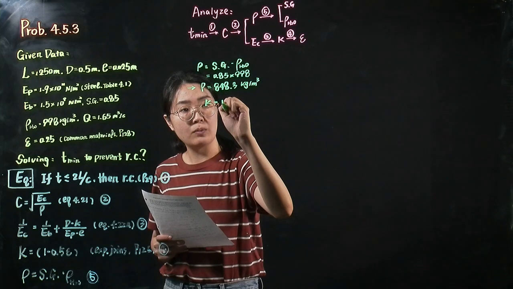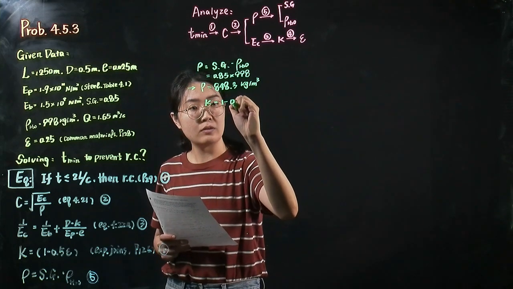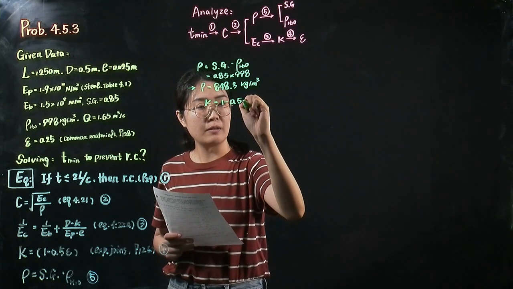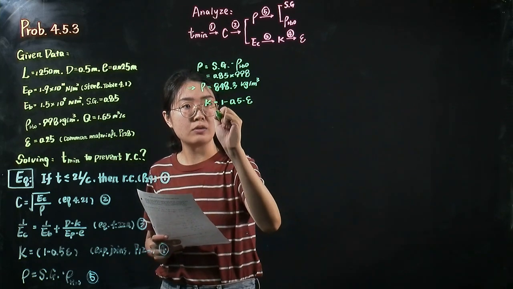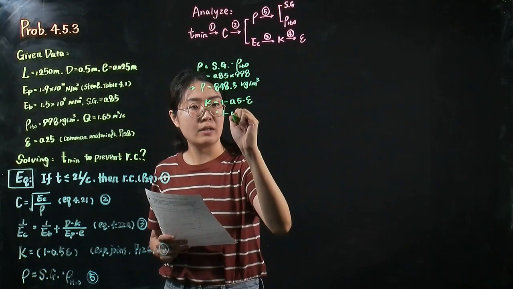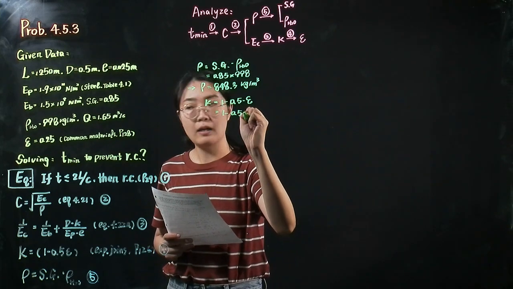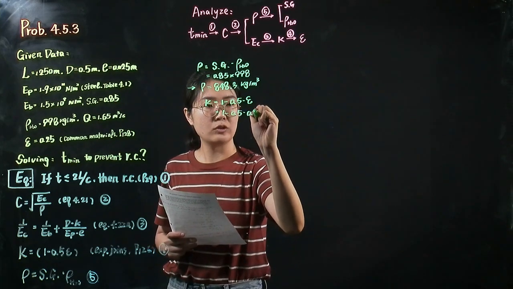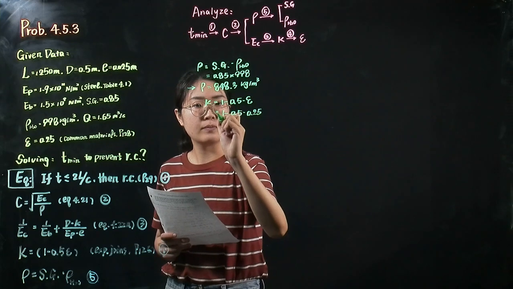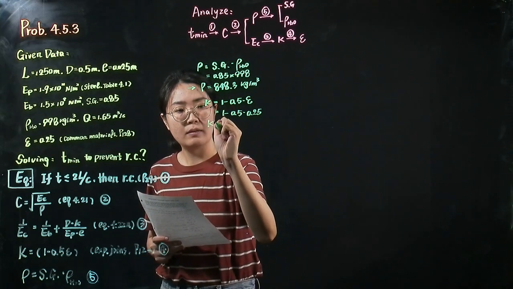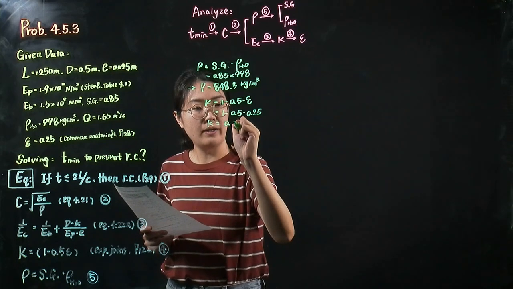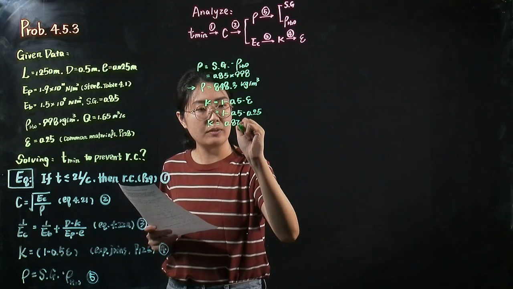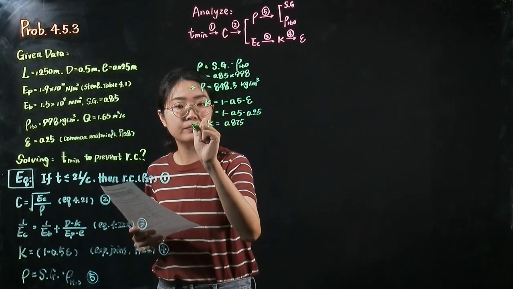K equals 1 minus 0.5 times sigma. It equals 1 minus 0.5 times 0.25. Then K equals 0.875.